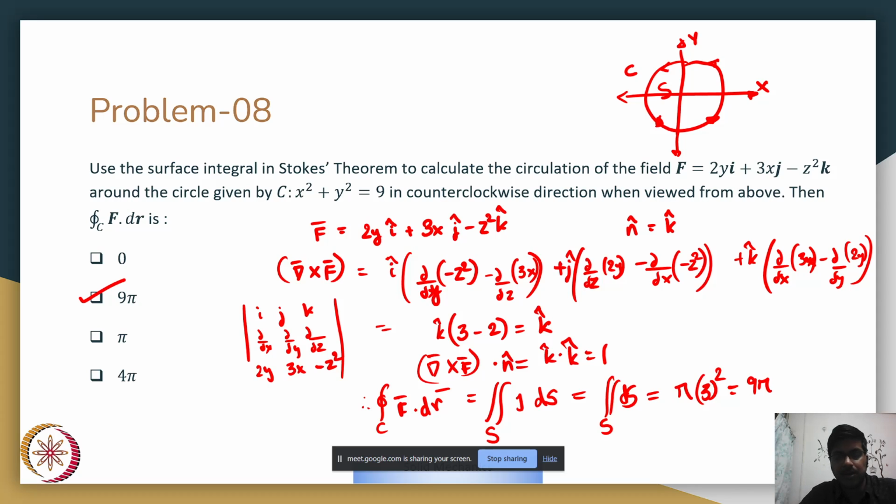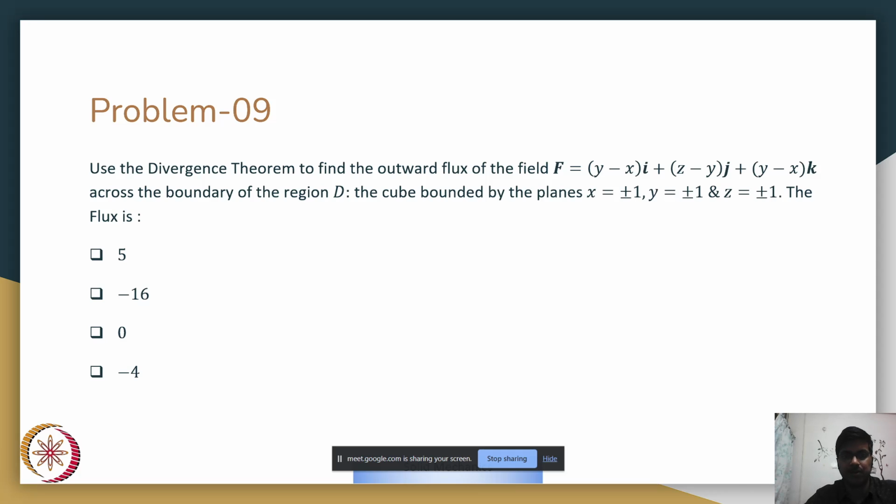Hope this is clear. Next, we move to problem number 9.